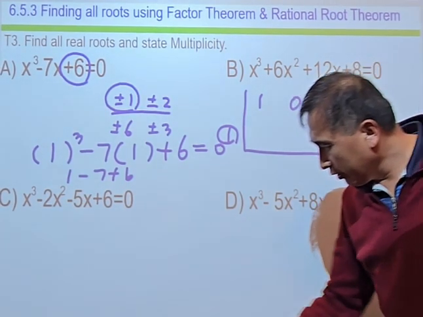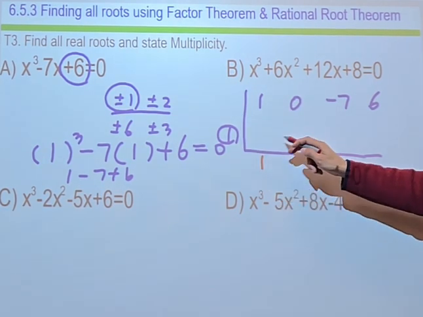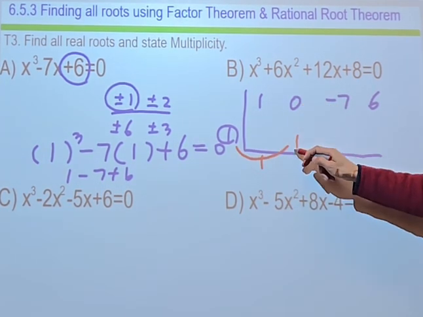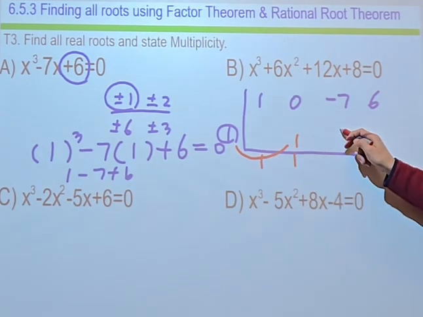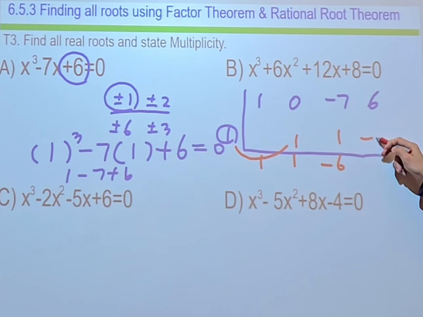Then synthetic division: bring down the first number, 1. Multiply, that's 1. Addition, 1. Multiply, 1. Addition, negative 6. Multiply, negative 6.